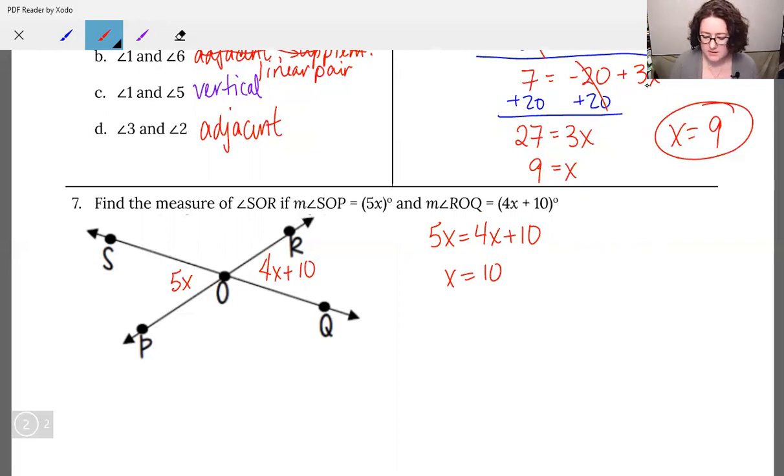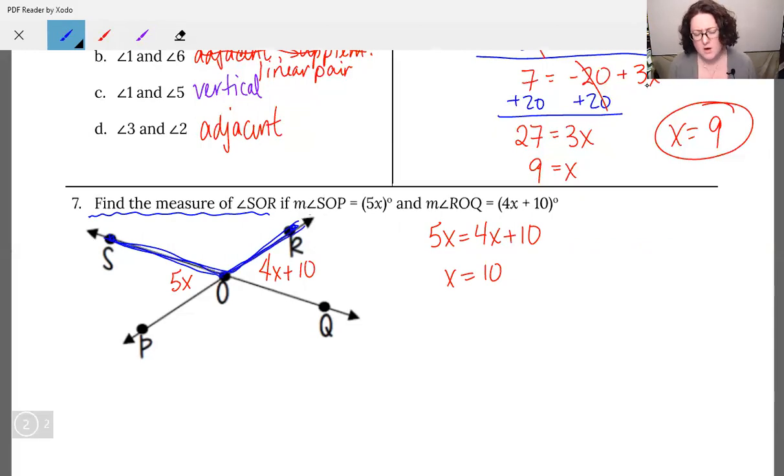So here's the kicker. The first sentence said, find the measure of angle SOR. Wait a second, that's the top angle. I don't even have that angle labeled. But what do I know about another pair of angles?